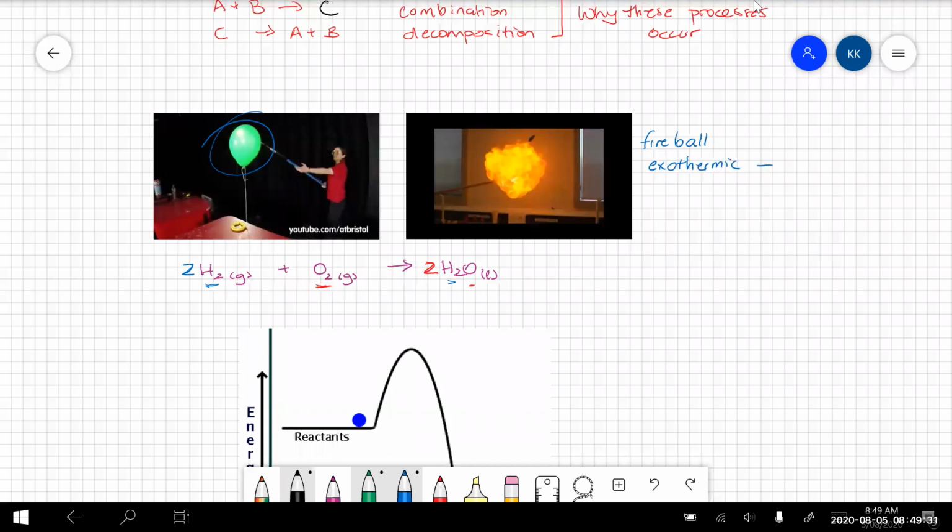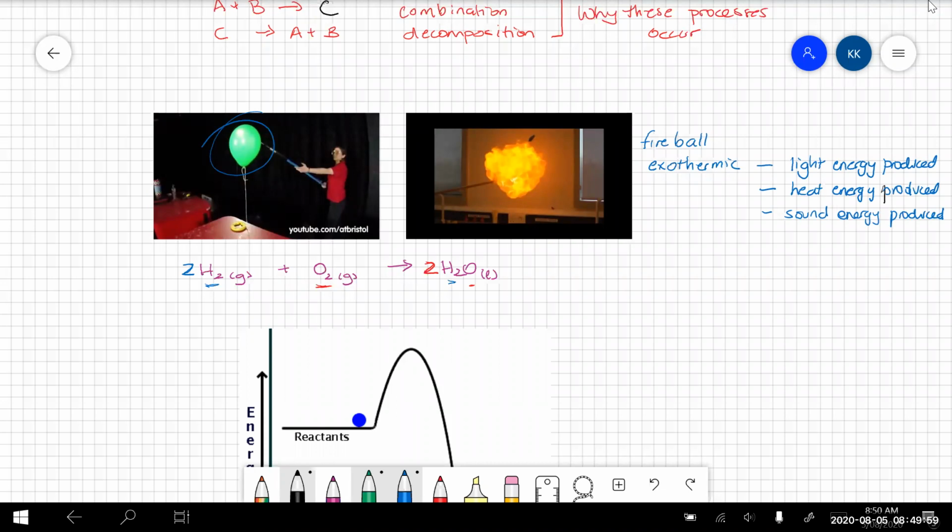Okay, you can see that it gives off light. And if you're actually in the presence of this explosion, you'll also feel some heat energy produced. And you'll also notice quite a bit of sound energy. So a lot of energy being produced by this reaction.